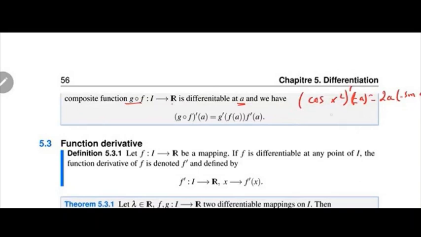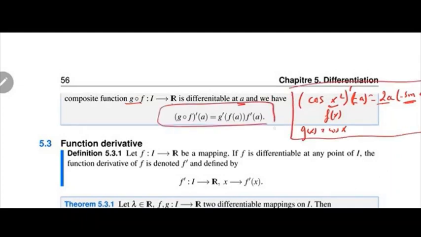So what we did here is consider that this is f of x, and g of x is equal to cosine x, so cosine x squared will be g of f of x, and the derivative will be the derivative of g, which is minus sine, at the point f of a, so at a squared, times the derivative of f at a, which is 2 times x at a, so it's 2a. So you already used this result without knowing that this is the correct formulation of the theorem. It's the differentiability of the composite function g round f at a point a.